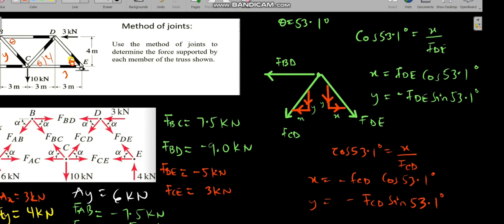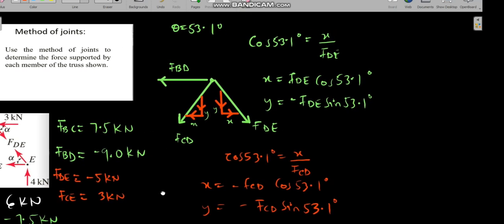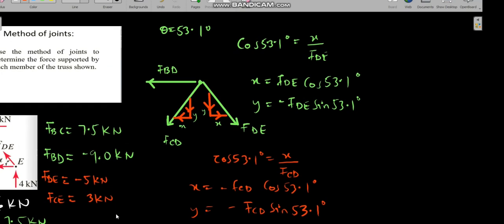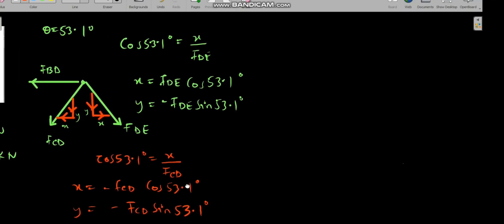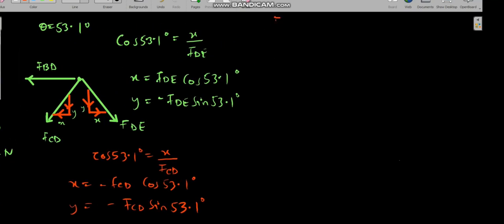Now that we've gotten the x and y components, let's sum them. Let's not forget FDE: we know FDE equals minus 5 kilonewton. Now let's write the equations.